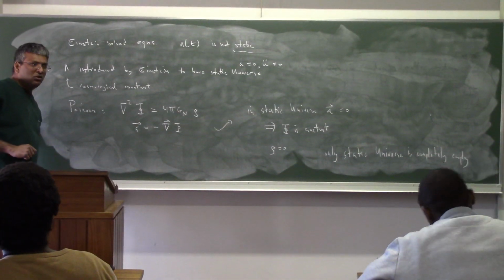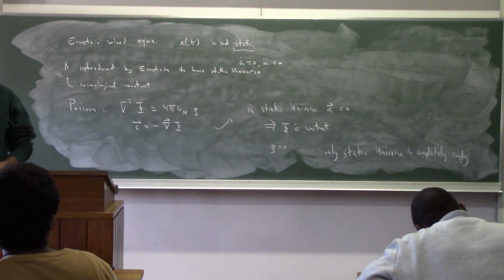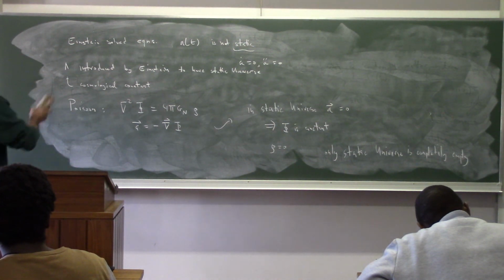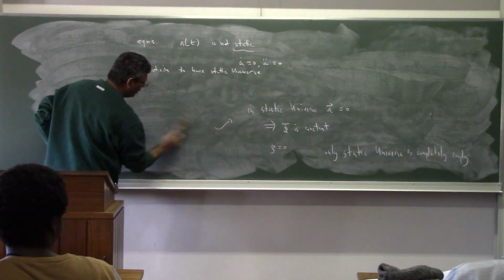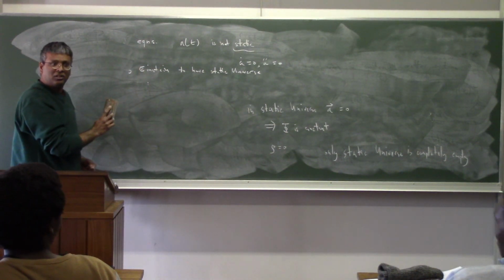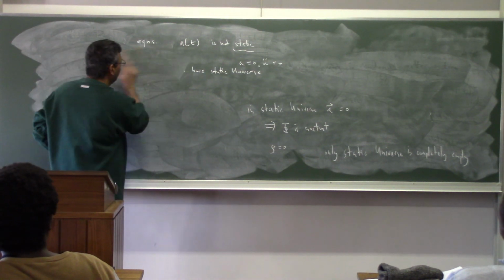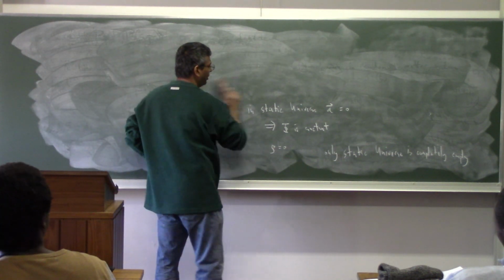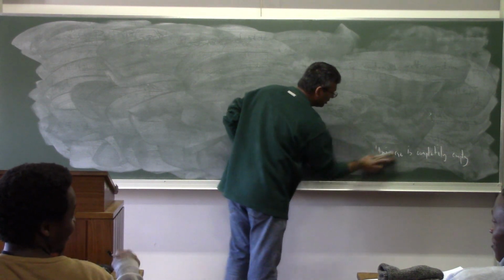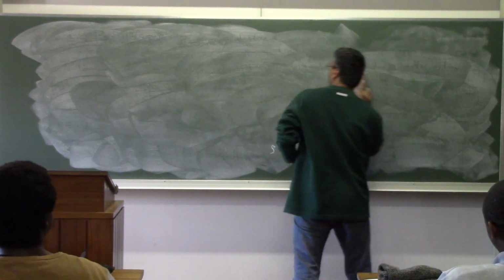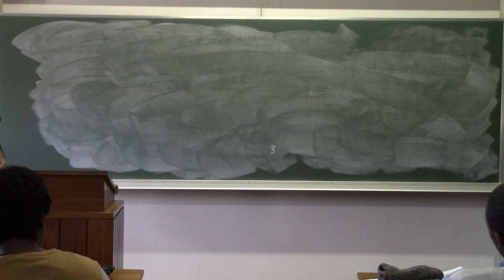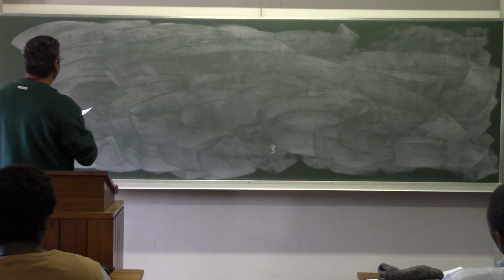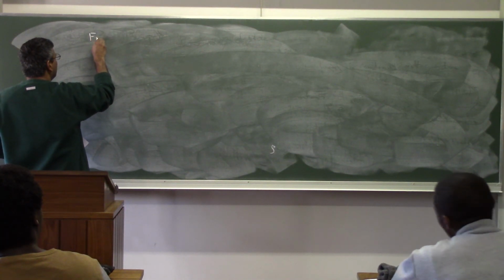What does this mean for the Friedmann equations, if we have this extra term, and the acceleration equation and so on? So if we include lambda, the Friedmann equation is modified.